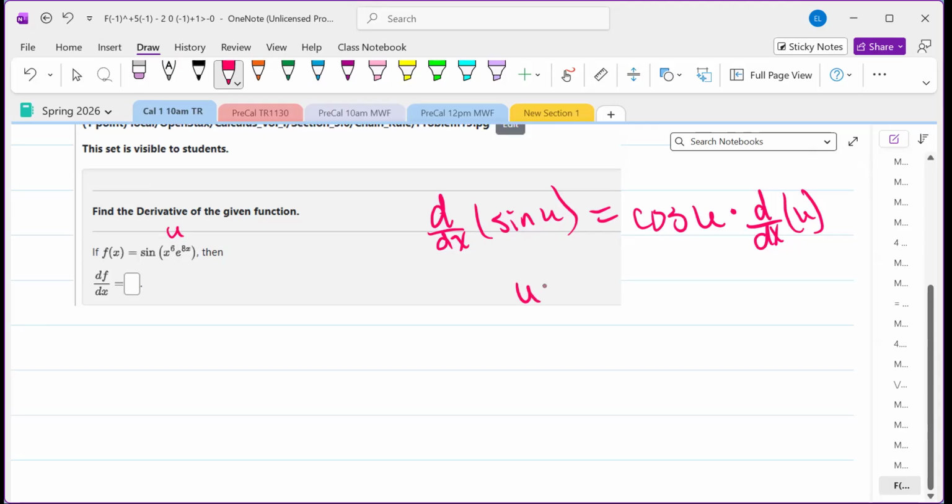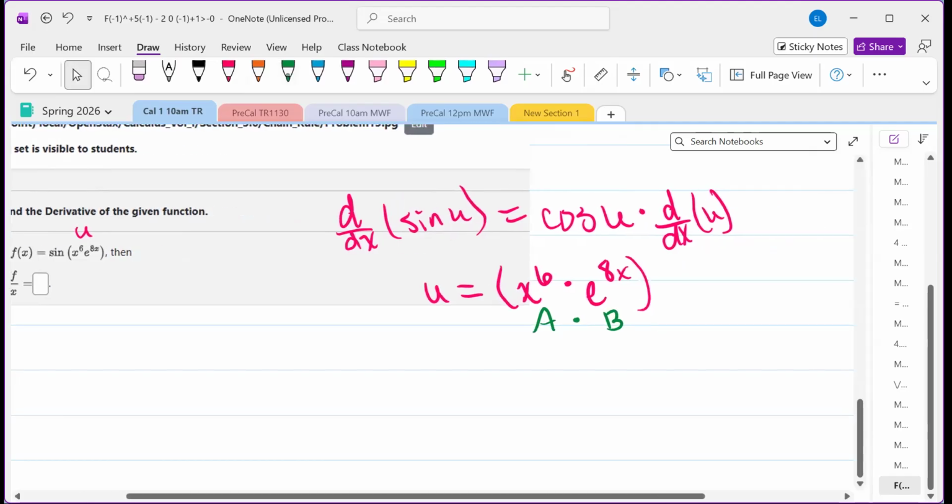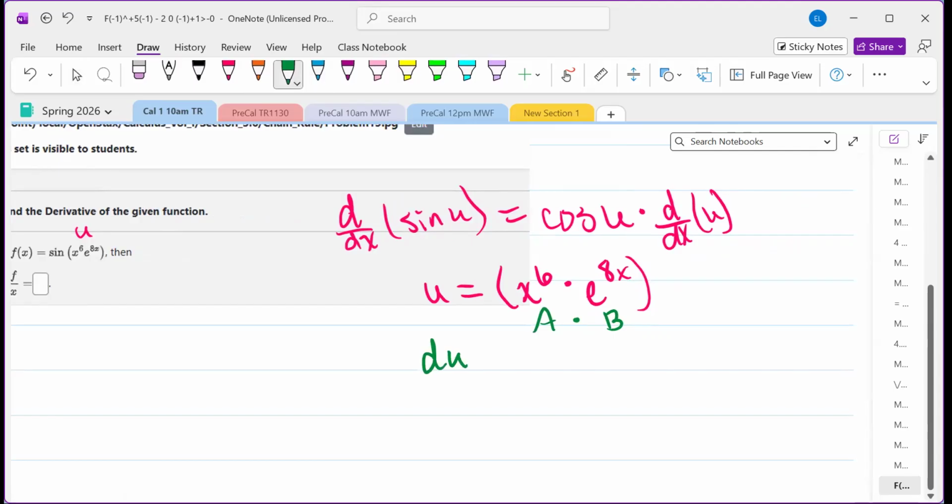Now my ugly here is x to the 6th times e to the 8x. So my u creates a product rule. So I'm going to figure out du dx.